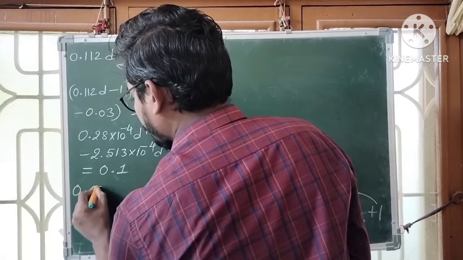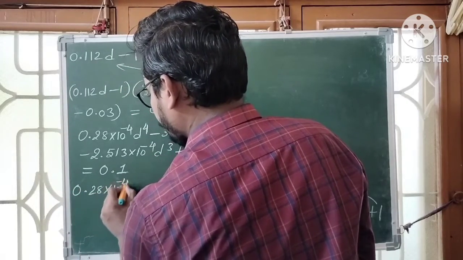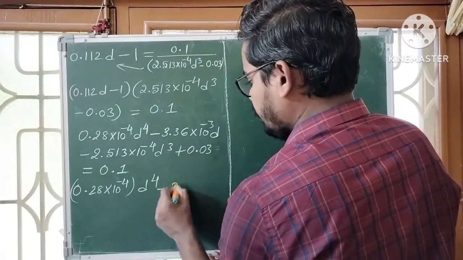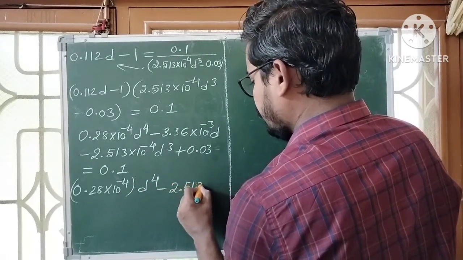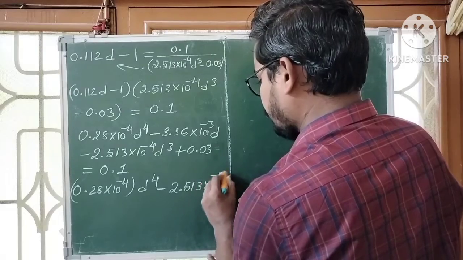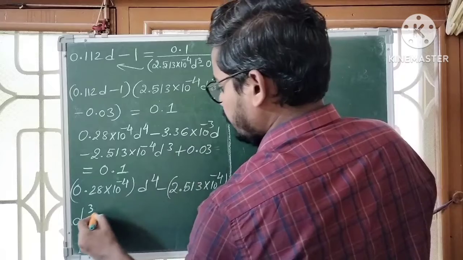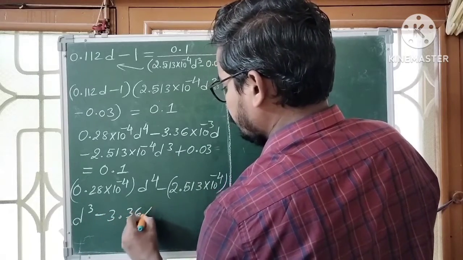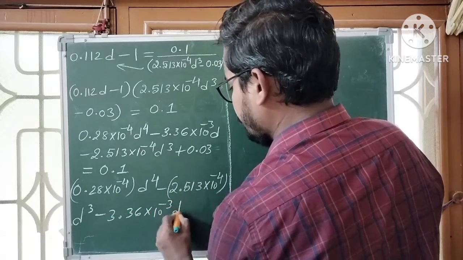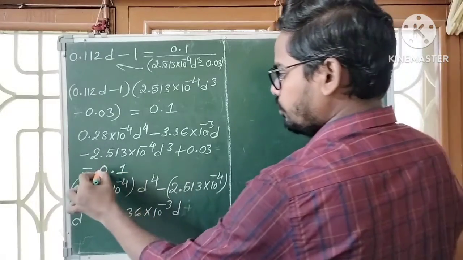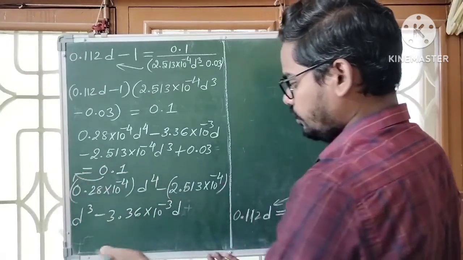So 0.28 into 10 to the power of minus 4 d power 4. Next d cube term, minus 2.513 into 10 to the power of minus 4 d cube. Next d term, minus 3.36 into 10 to the power of minus 3 d. And plus 0.03, transpose 0.1, you will get minus 0.1.